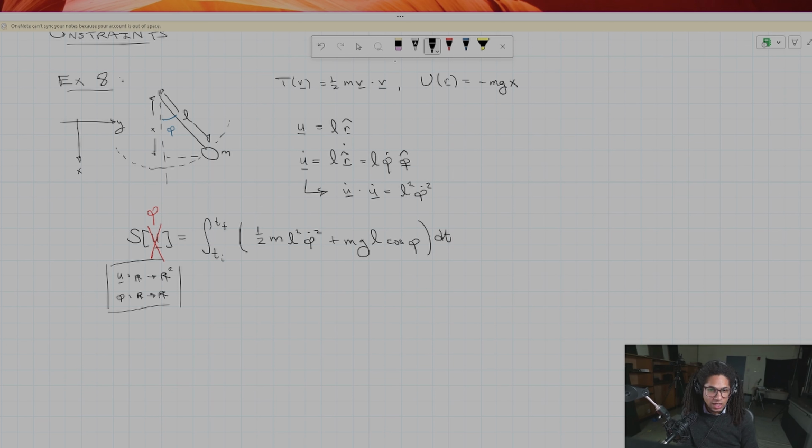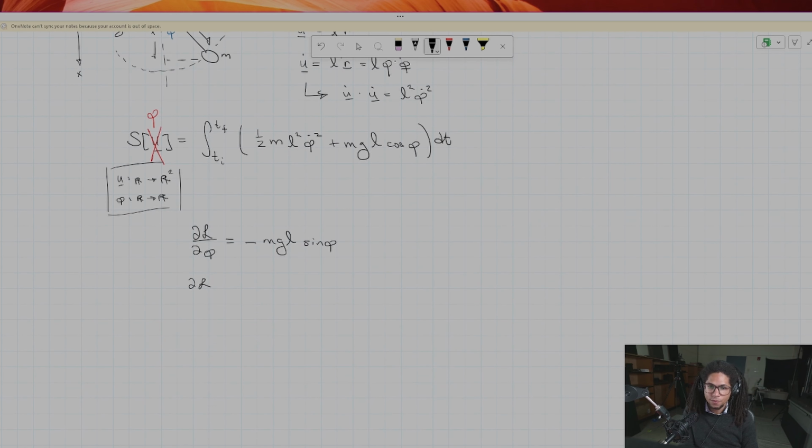That means we only need one Euler-Lagrange equation. dL d phi, in this case, is going to be minus mgL sine phi. dL d phi dot: we have to do a little bit of work here, but what we're going to get is 1/2 times mL squared times 2 phi dot, which is just mL squared phi dot.